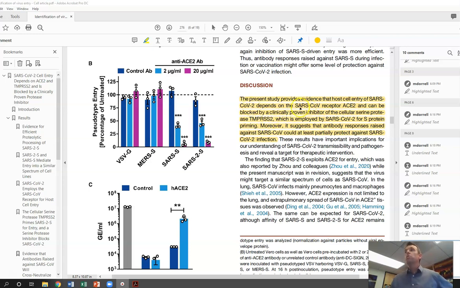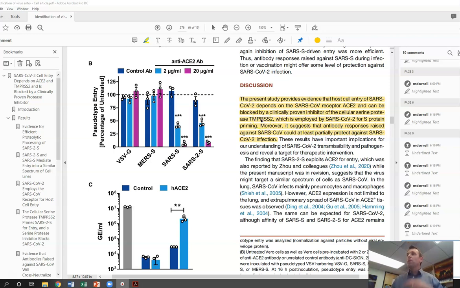So CoV-2 uses the same receptor as the original SARS virus from a couple decades ago, ACE2. "Moreover, it suggests that the antibody responses raised against SARS-CoV could at least partially protect against SARS-CoV-2." So because they use the same receptor, people that have antibodies against some of this original SARS might actually be able to help people defend against this new SARS if they can block that virus receptor binding.